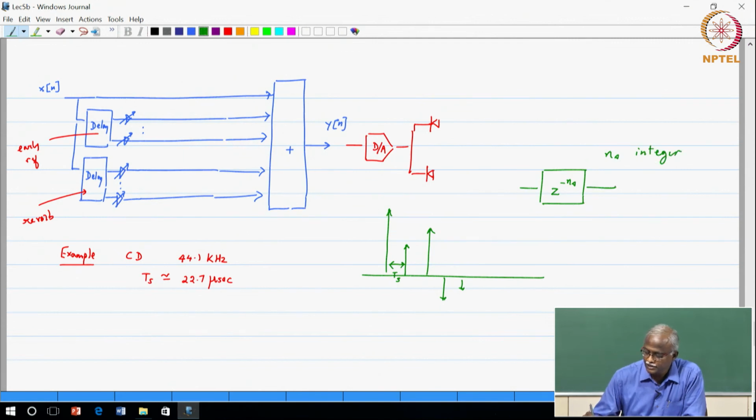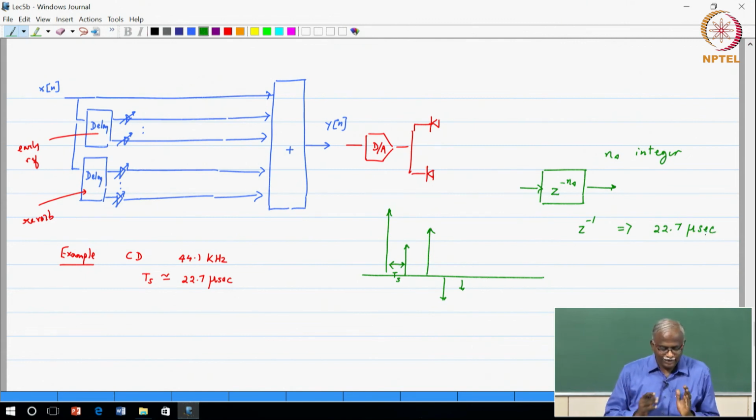So I can only get multiples; the smallest delay that I can get is z power minus 1, and if I delay it by one sample period, this would correspond to 22.7 microseconds. But in the construction of this concert hall effect, you cannot restrict yourself to say, give me only delays in multiples of 22.7.